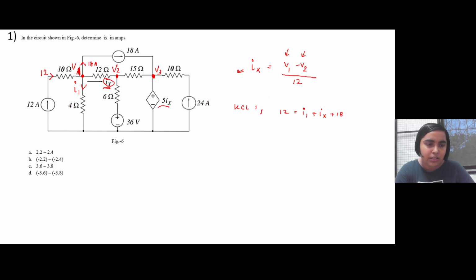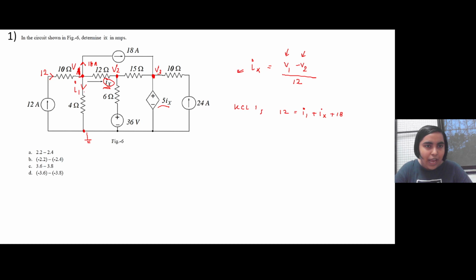So if we simplify this equation, it will be I1. What is I1? I1 will be this voltage minus this. This is the reference, the common reference, right?